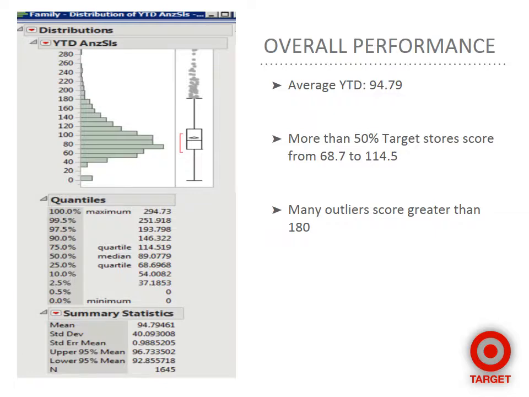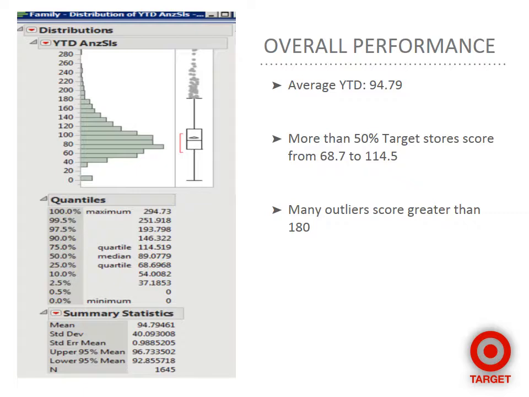So here comes our result. The first thing I want to talk about is the overall performance. We use the distribution analysis and we find out the average of year to date is 94.79, and more than 50% of Target stores are distributed from 69.7 to 114.52.